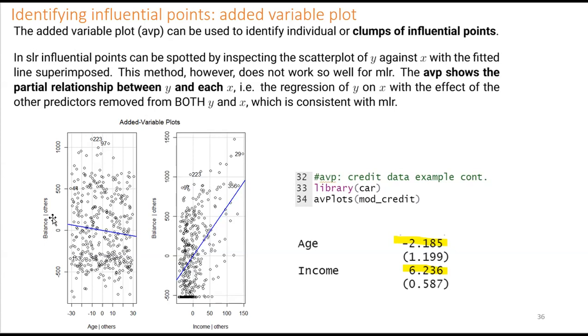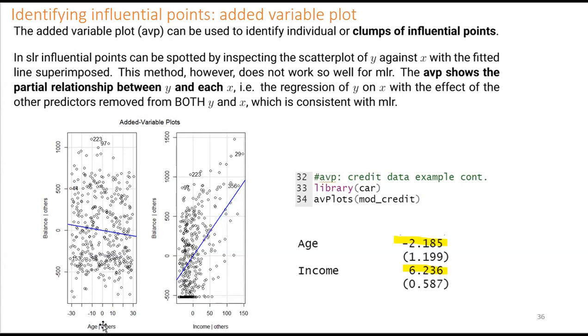So go back to the example of regressing the balance on age and income. Here is the added variable plot for that. What you see on the vertical axis is balance, and this symbol here, a vertical bar with others, says we're partialling out the effect of all other predictors apart from age.